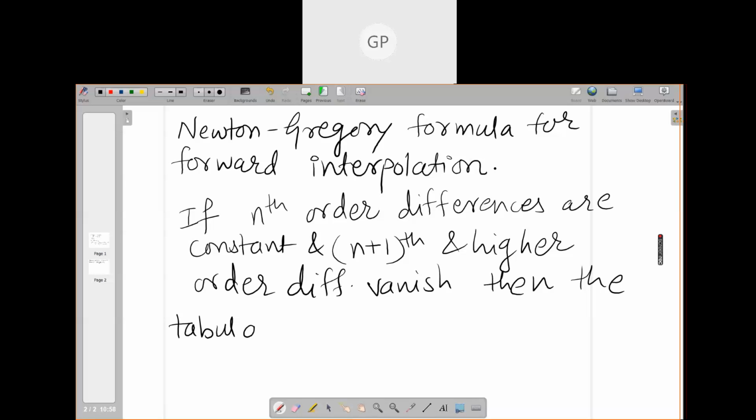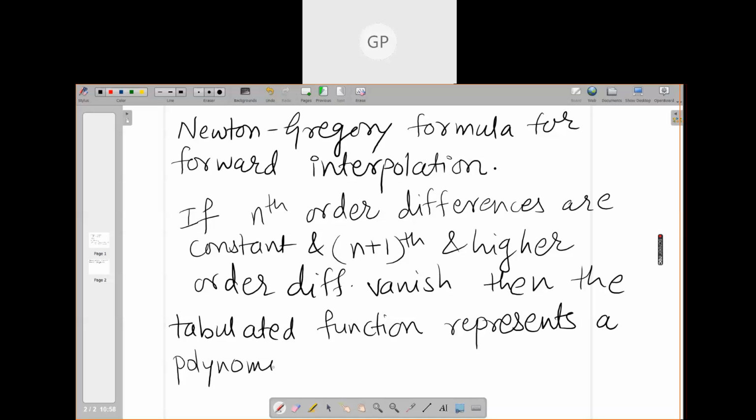Can anybody tell me what is tabulated? In the form of a table, like we had in forward. Represents a polynomial of degree n.